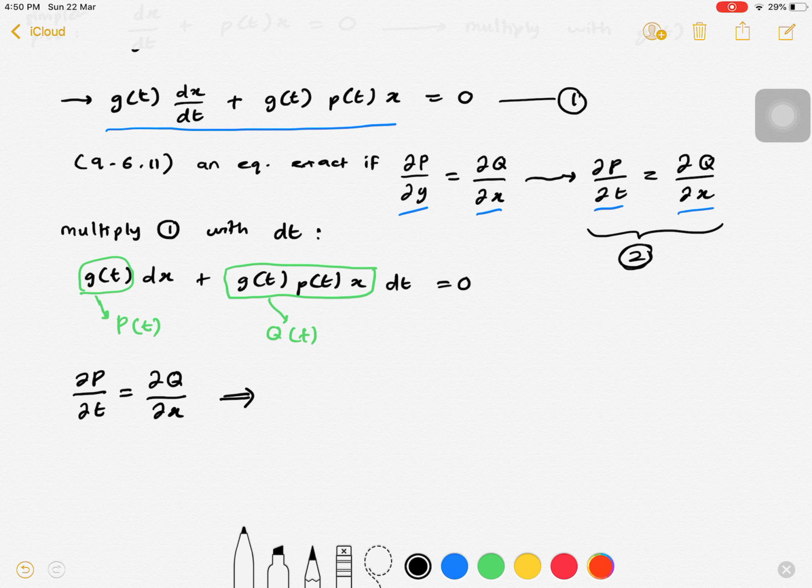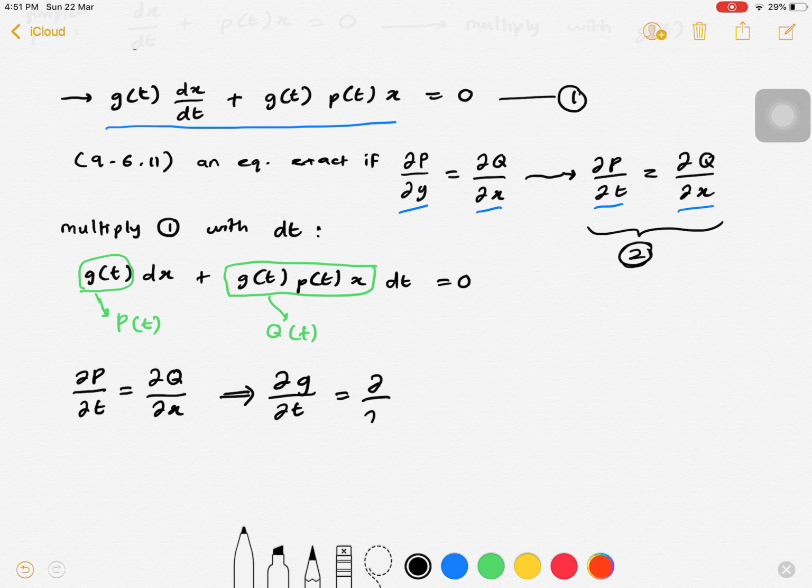So we will get delta g over delta t equal to delta over delta x. Remember what P and Q are. P is g right here, and Q is g P x.